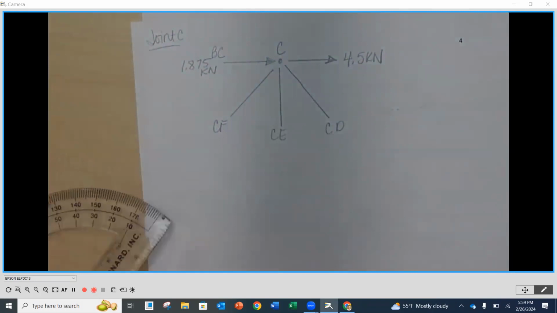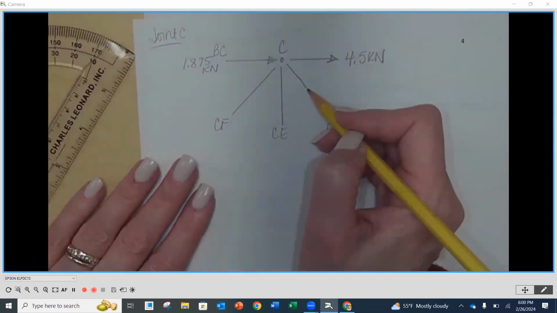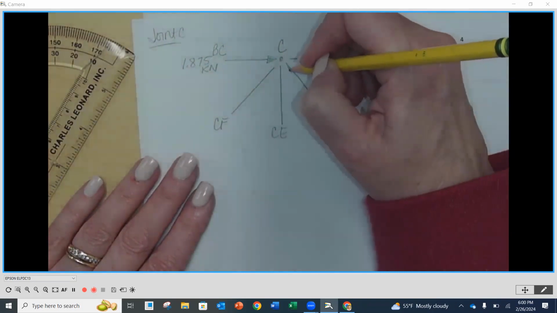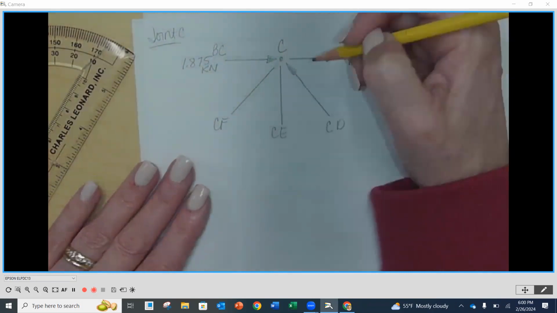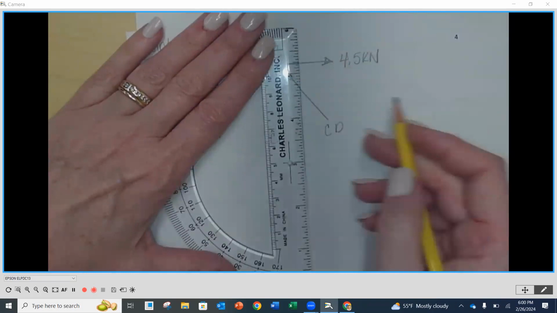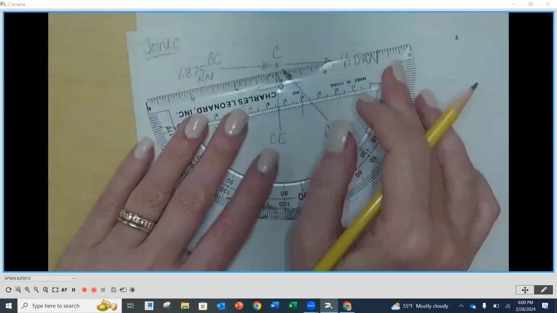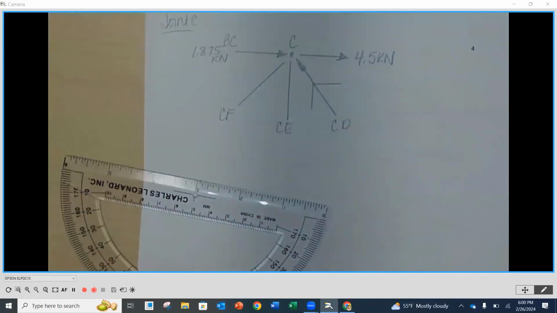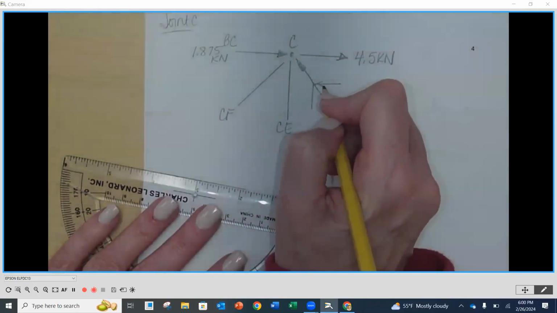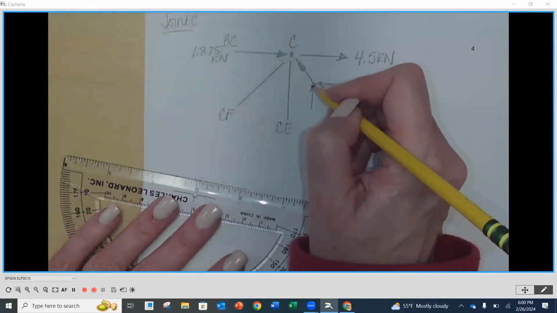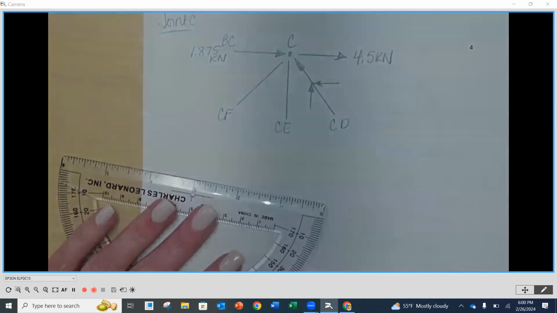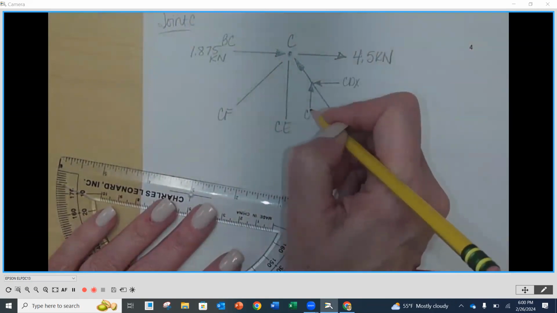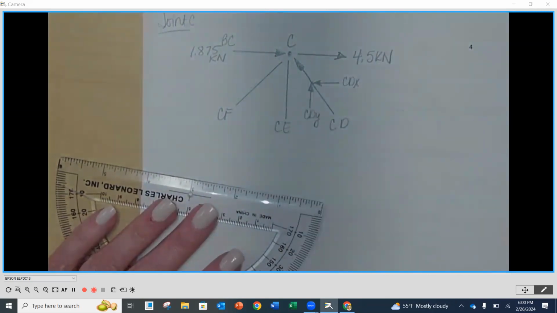So what I can do is, since my X opportunities are here and here, I'm going to show, for instance, my CD. I'm going to show that going up and to the right. Okay. Which means that my X component has to go, I'm sorry, up and to the left. Has to go to the left. So this is going to be CDX. This is going to be CDY. So vertical.